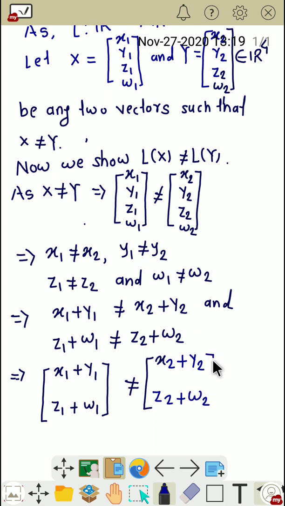So elements are not the same, therefore matrices are not the same.